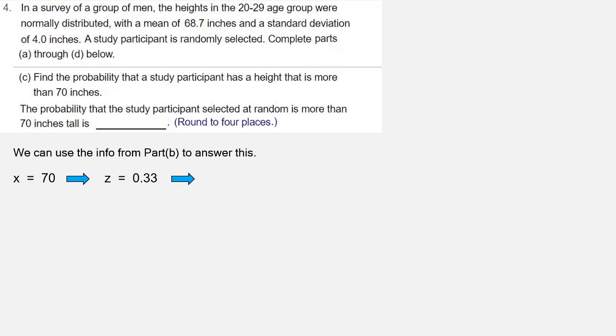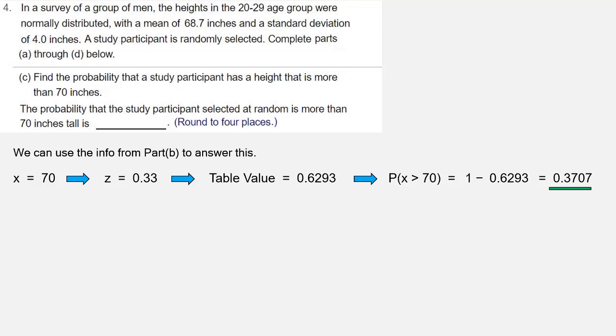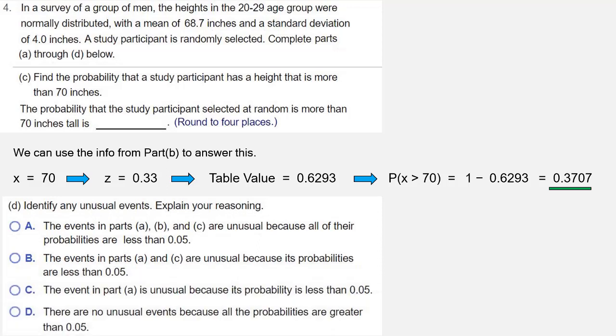So because this is a greater than area, a greater than probability, then we do 1 minus the table value for that z-score, and we get 1 minus 0.6293, which gives us an area of 0.3707, and that area is equal to the probability. So the probability that x is greater than 70 is 0.3707.